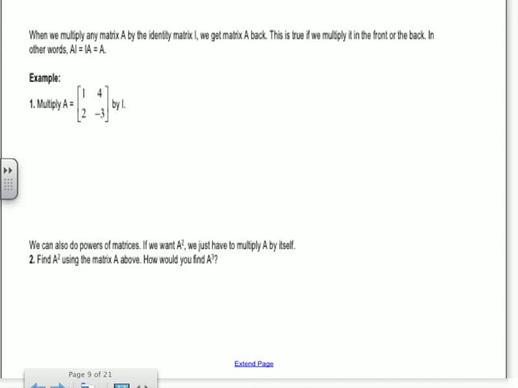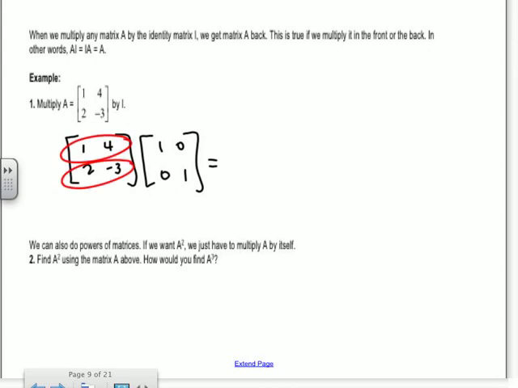So let's see what happens. Number one, it says multiply A, which is 1, 4, 2, negative 3, by I. So 1, 0, 0, 1. Rows in the first, columns in the second. I have a 2 by 2 multiplied by a 2 by 2, so I'm going to end up with a 2 by 2.